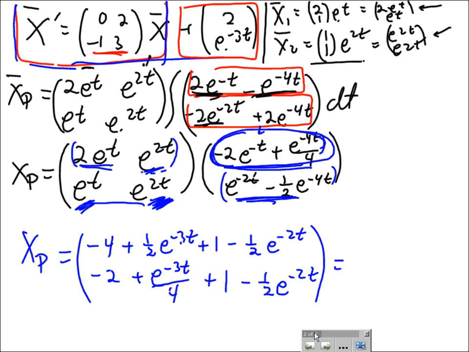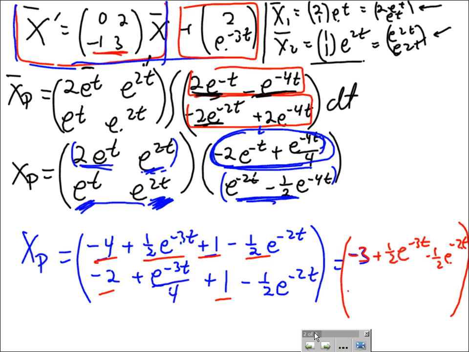Combining, like -4 plus 1 is -3, so that's -3, plus 1/2 e to the -3t, minus 1/2 e to the -2t. -2 plus 1 is -1, plus that, e to the -3t over 4, minus 1/2 e to the -2t. Now that's x_p.